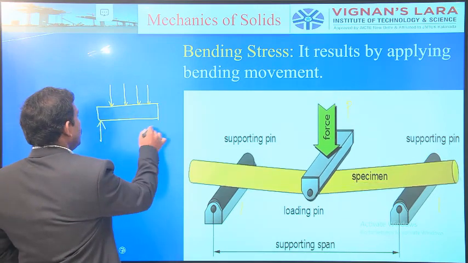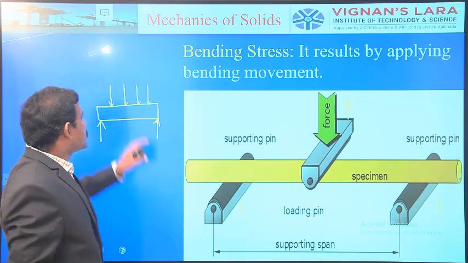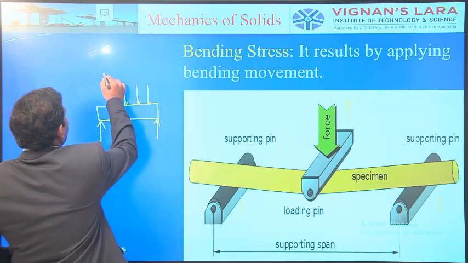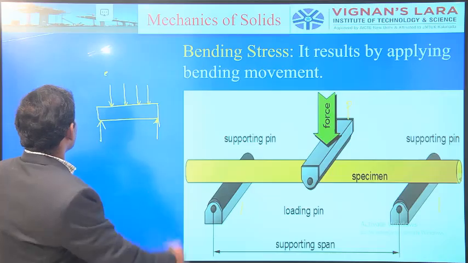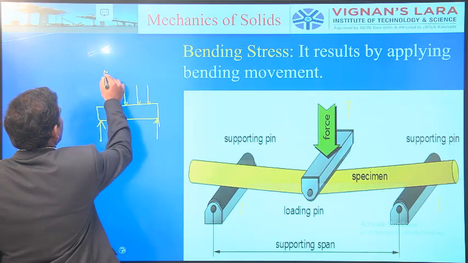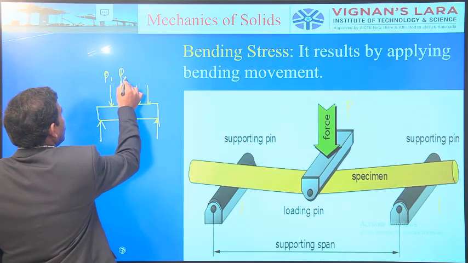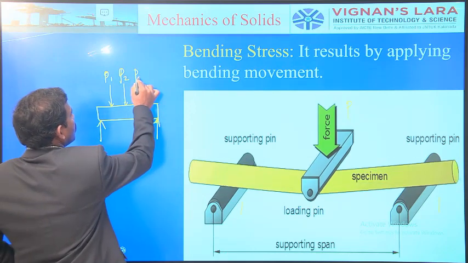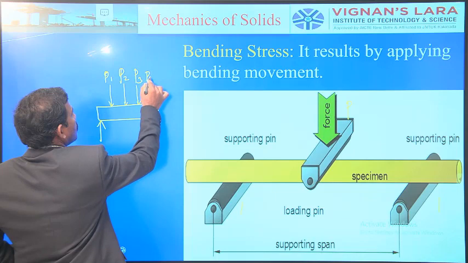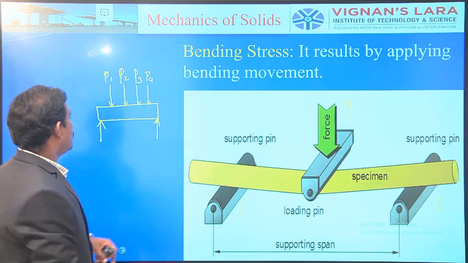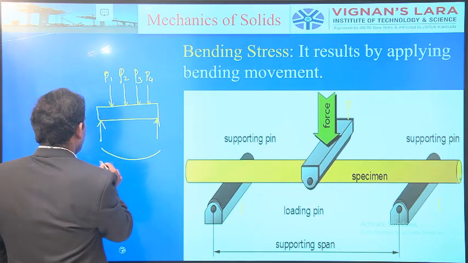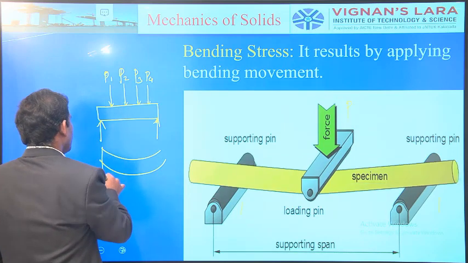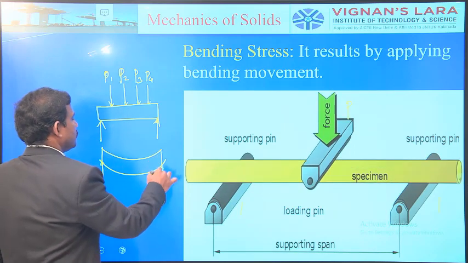So definitely there is a bending moment caused by the weight or force of car 1, say P1. This is the weight or force of vehicle 2. This is the weight or force of vehicle 3, and so on. Due to these forces, there is a bending moment. Am I right?